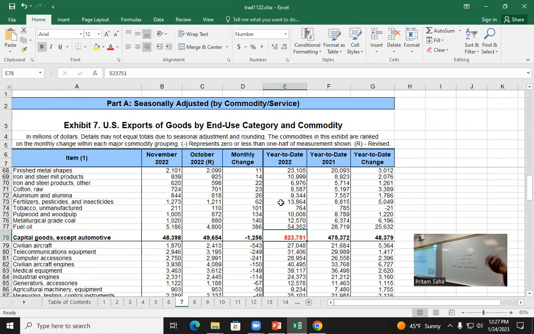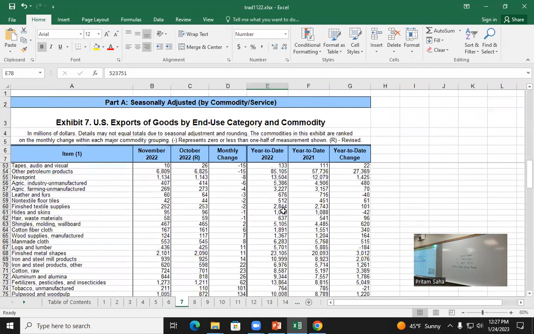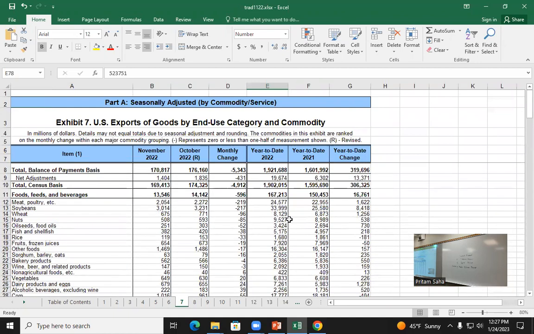So here you can see what goods the US basically exports. If you look here, 2022, in millions, all of these values are in millions.